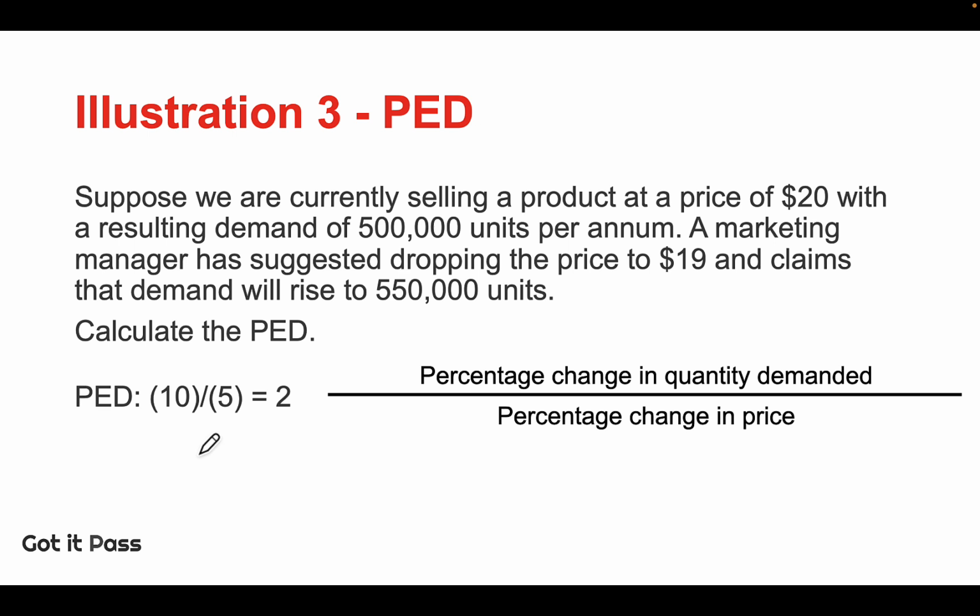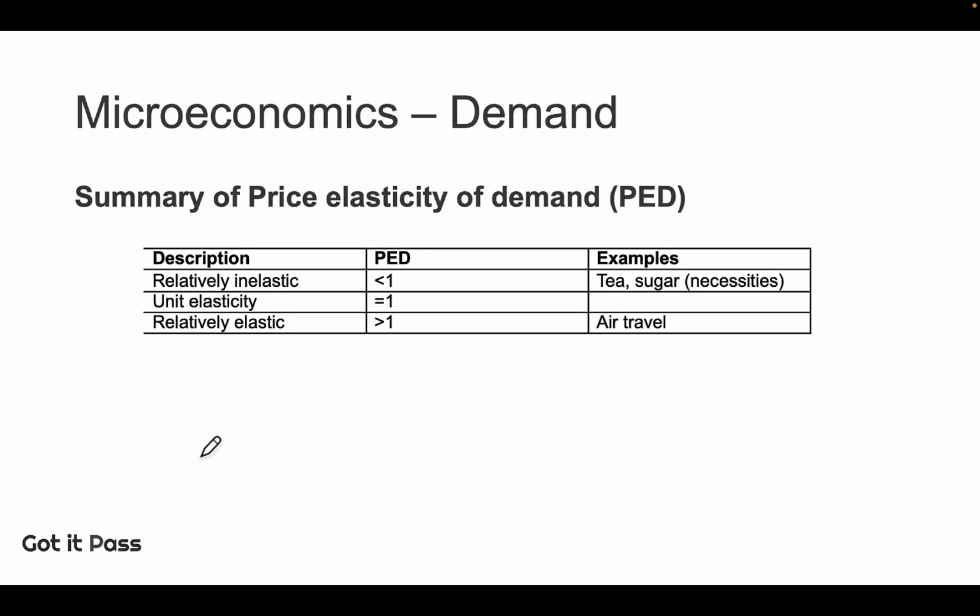Here is the PED for this example, and based on a lot of economics experience, we classify the price elasticity of demand into 3 groups, or we describe different situations. When the PED, the price elasticity of demand, is lower than 1, we describe it as relatively inelastic, or what we call inelastic demand.